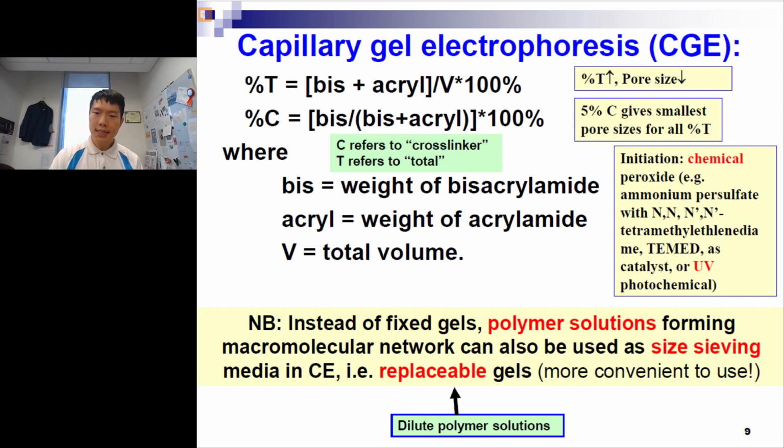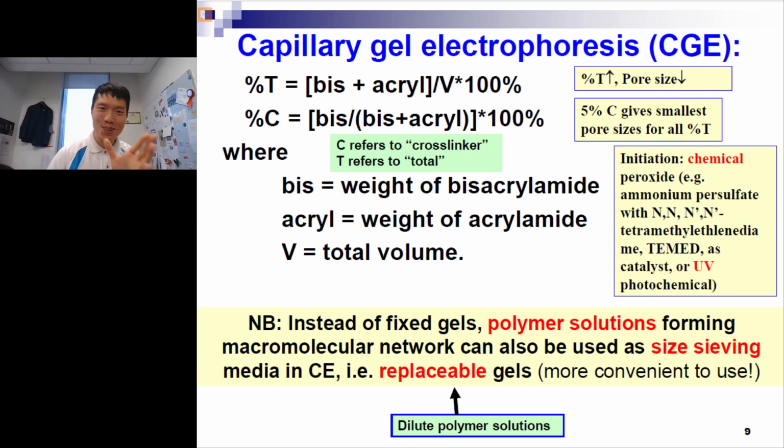electrophoresis. Since 5% C is most commonly used, for initiation of the polymerization, different approaches can be used. What are the different approaches? Like in chemical initiation, because, back to the basic concept of polymerization, we have chain polymerization and stepwise polymerization, radical.